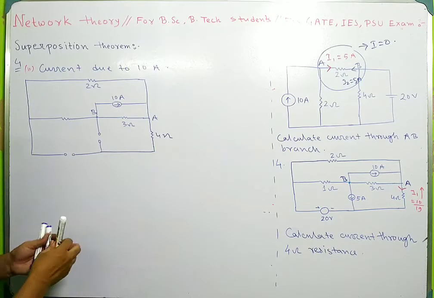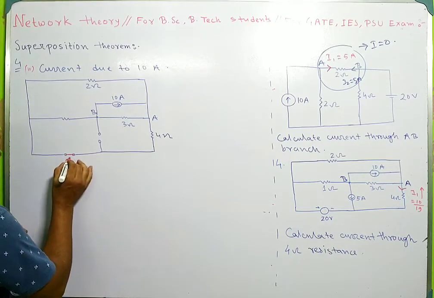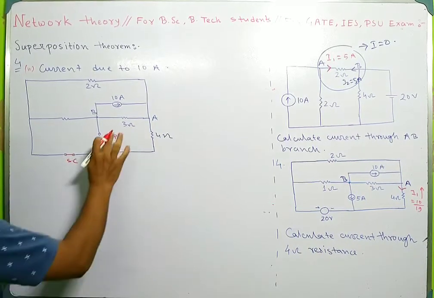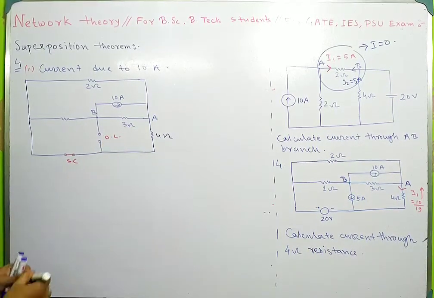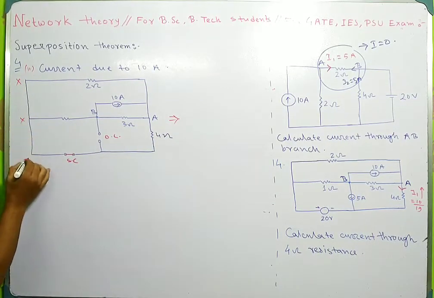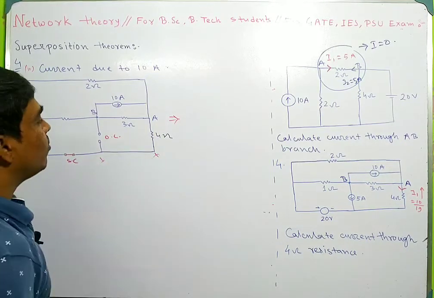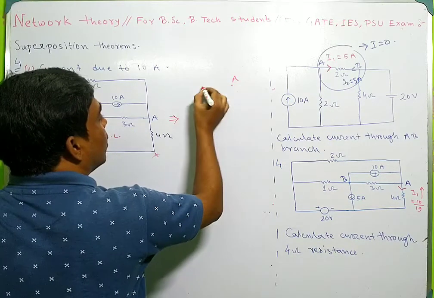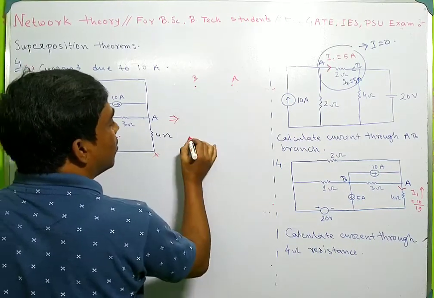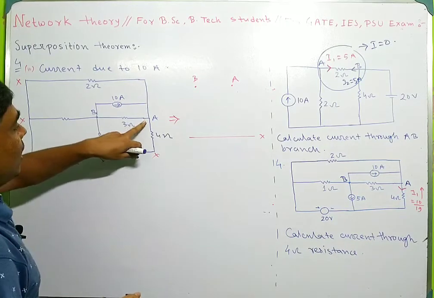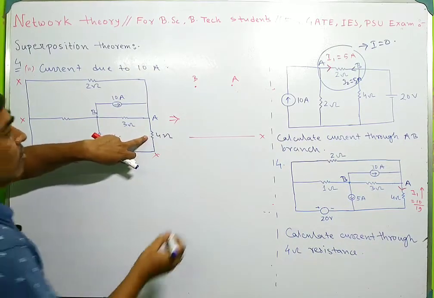Now this is short circuited, this is open circuited. Now this circuit can be written with all of these being the X terminal. Suppose this is A, this is B, and this is the X terminal. From A to X there is a 4 ohm resistance.